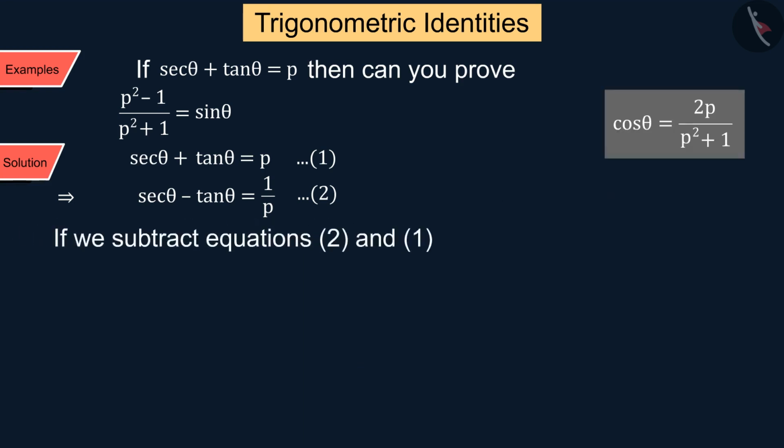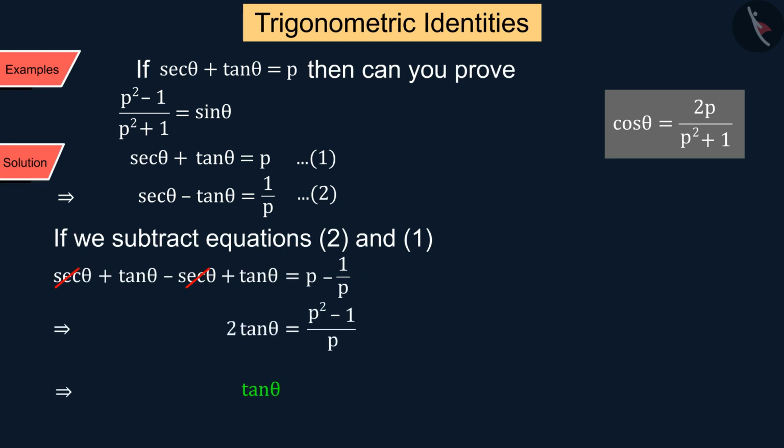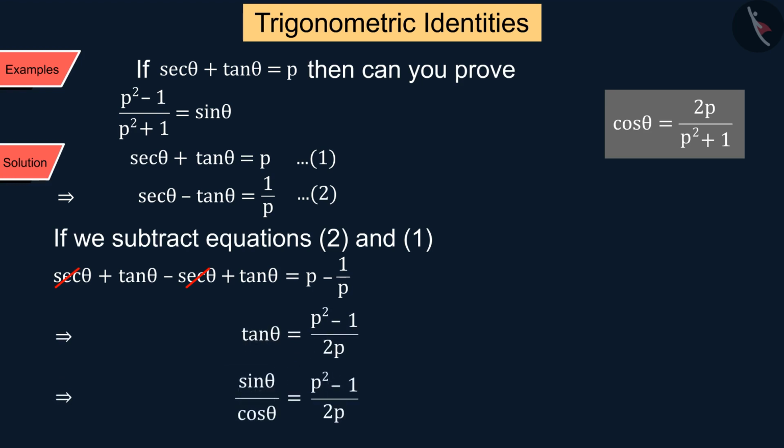Similarly, if we subtract equation 2 from equation 1, we get tan theta is equal to P square minus 1 upon 2P, where we change tan theta into sin theta upon cos theta.